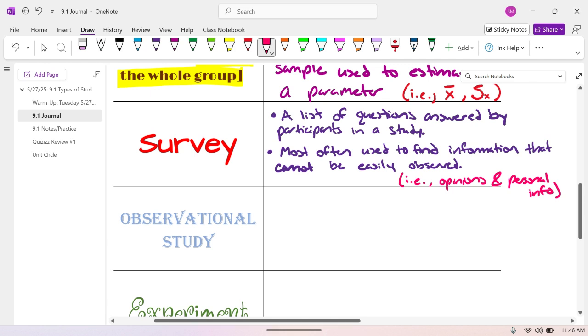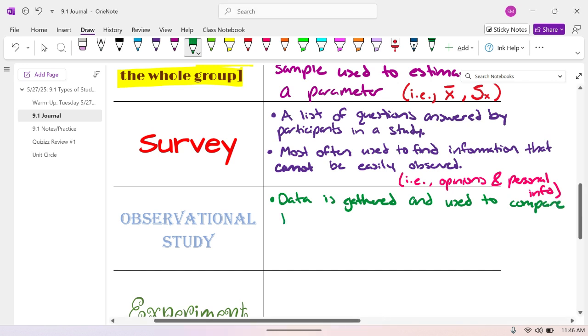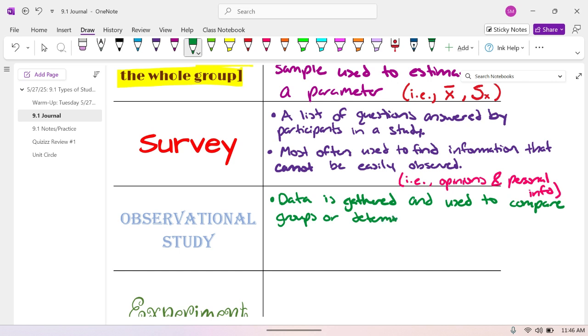Now, this is when we get kind of into science land. All right, so observational study. An observational study is where data is gathered and used to compare groups or determine generalizations about populations.